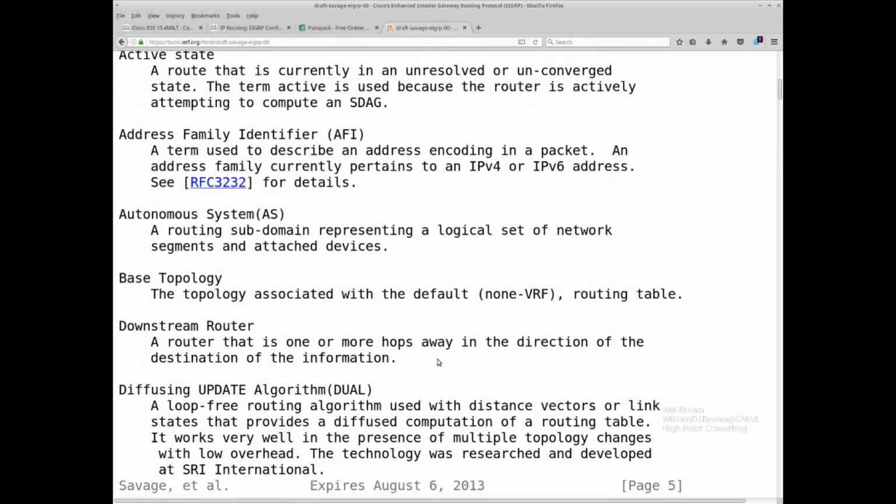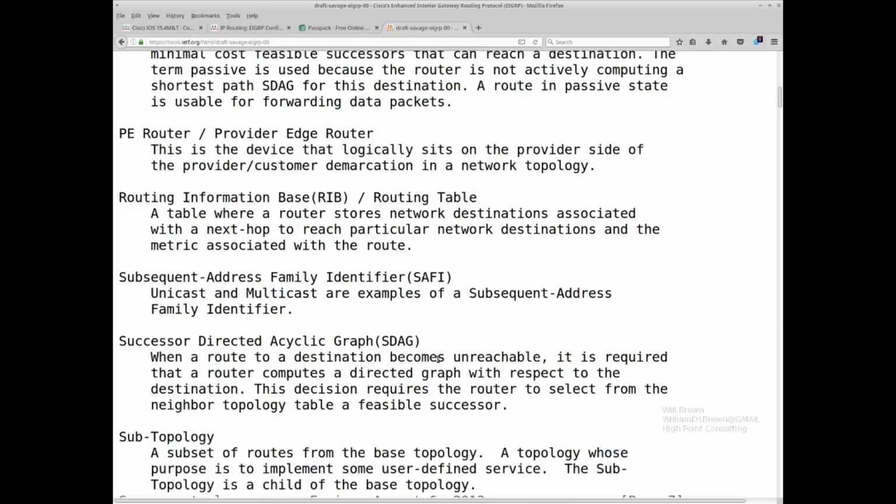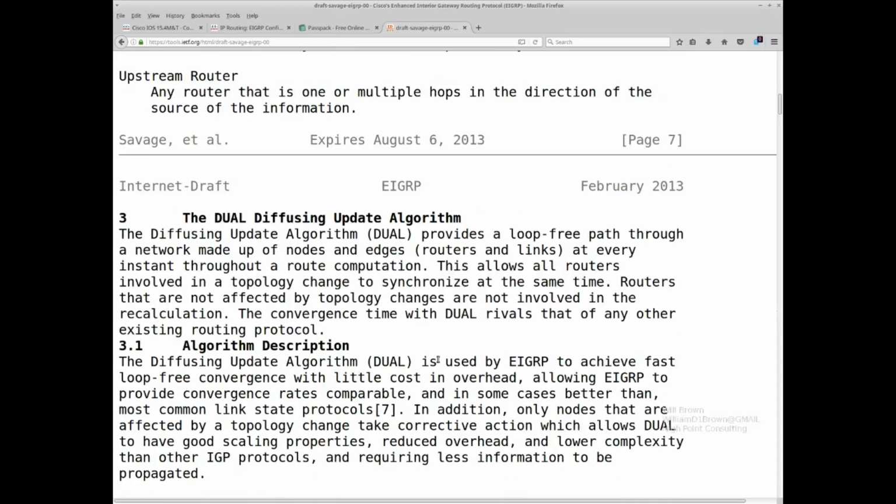Terms, lots of terms. That's one of the biggest hurdles on EIGRP to start with. It is a language in and of itself, and it is critical.